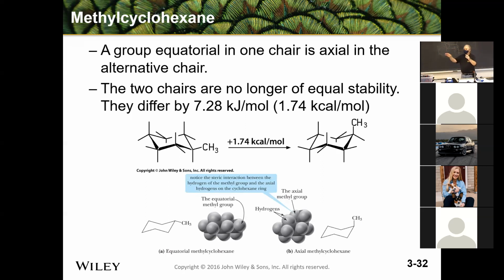In general, there's more space in the equatorial position, so substituents prefer to be equatorial if they can. So that's the equatorial methyl, and then the axial methyl. In the axial methyl, you have some hydrogen-hydrogen repulsion that takes place. These are 1,3-diaxial interactions.